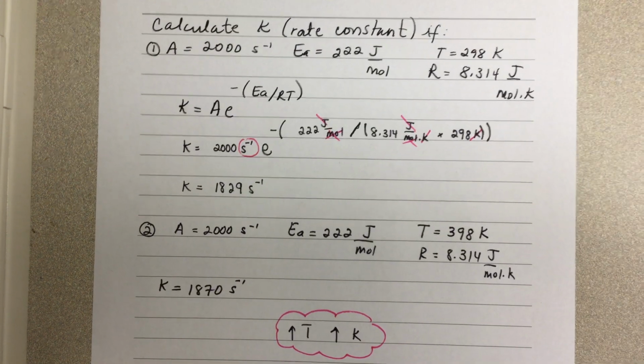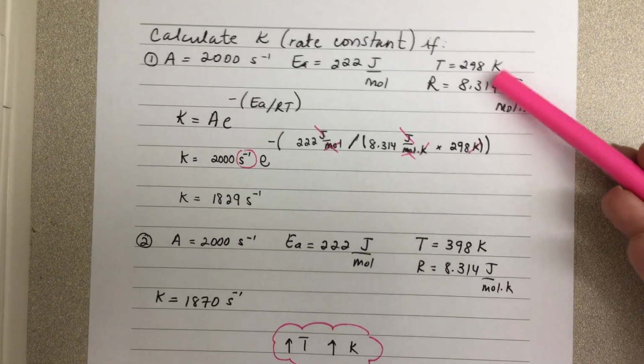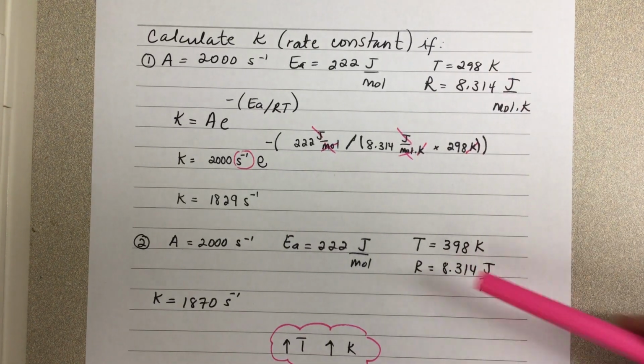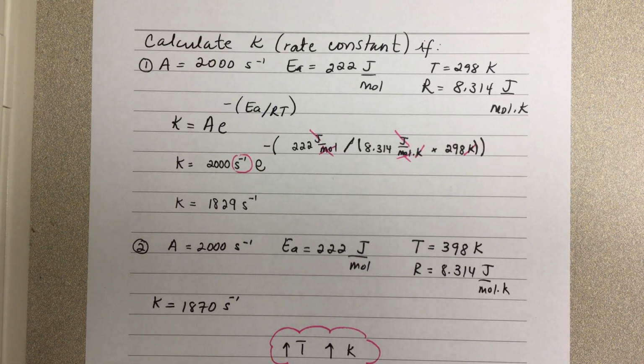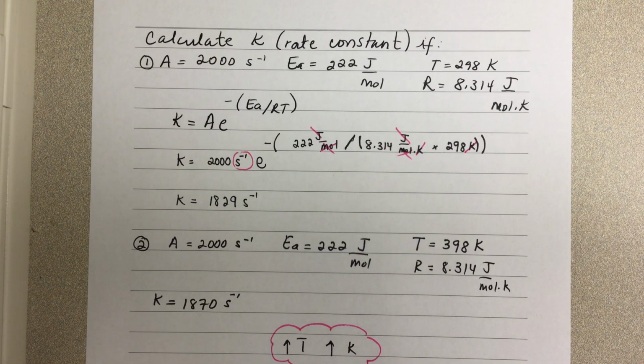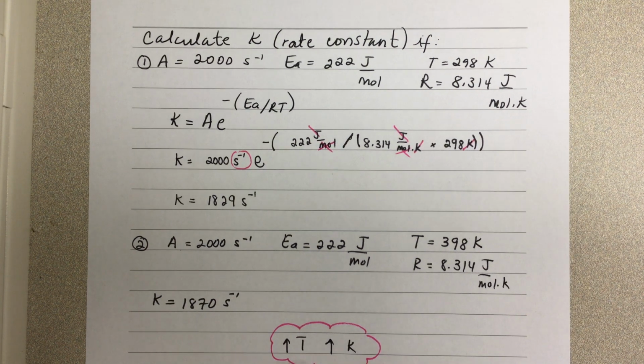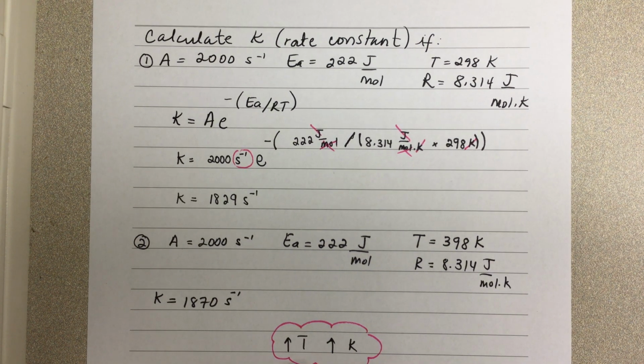And if you have time, you can do the same calculation with a temperature lower than 298, or higher than 398. And the same trend should happen: higher temperature, higher rate constant, or lower temperature, lower rate constant.